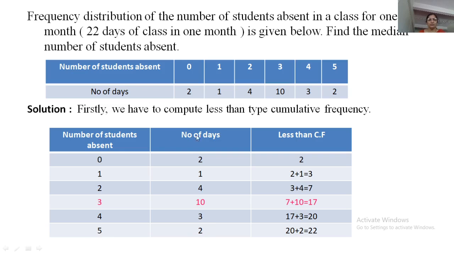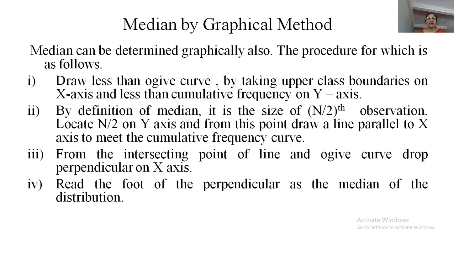If you arrange the observations in this way, 22 observations, then your middlemost observation is the 11th. So your 11th observation will be 3. In this way you can find the median for less than type using less than type cumulative frequency in case of discrete data.